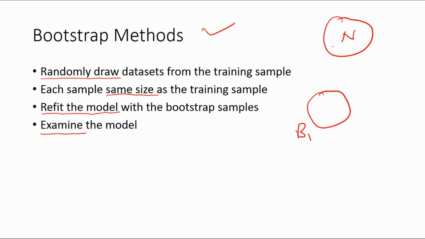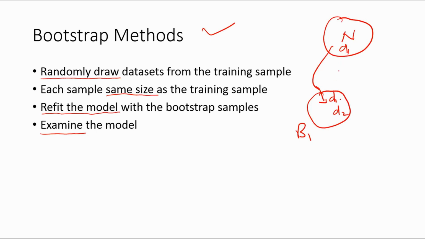So I'll take a data point from here, data point 1, and then data point 2. But remember one thing: you select these data points with replacement. That means you have already taken data point D1, and the second time when you select another data point, D1 could be the one you select again. That means it's selection with replacement.